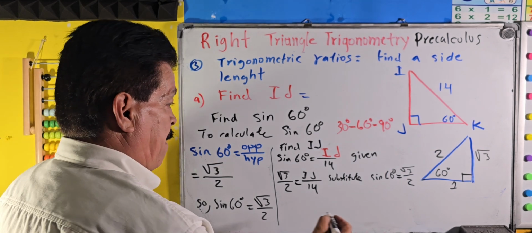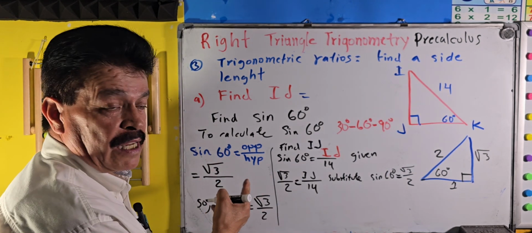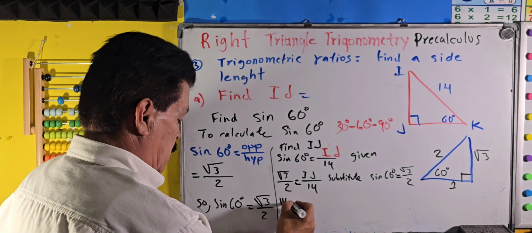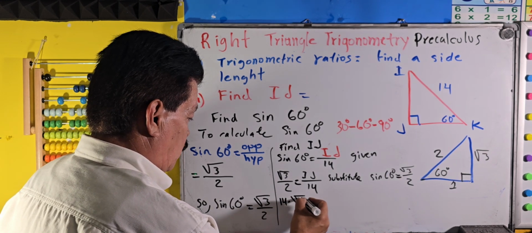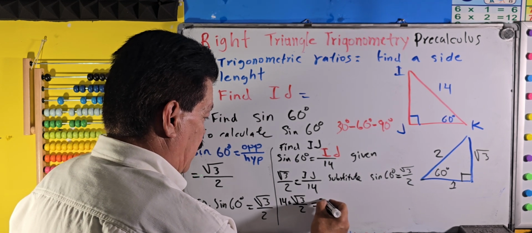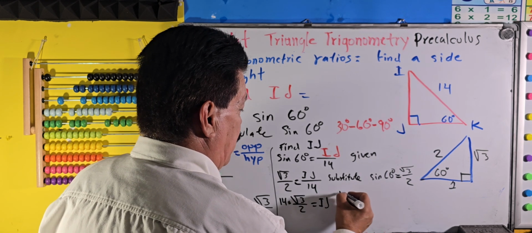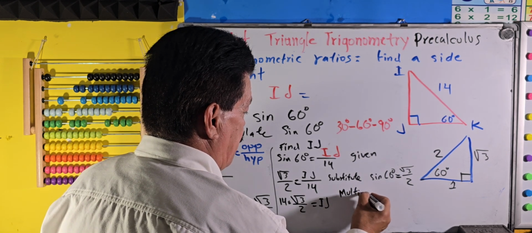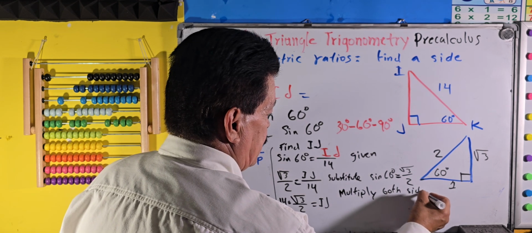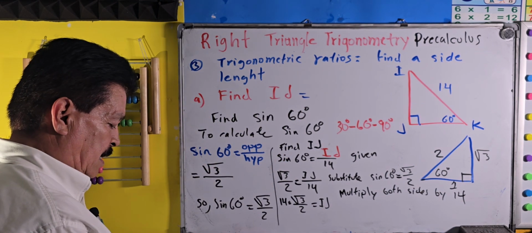So now we have 14 here. We need to move it to the other side. This is division, so we multiply. So 14 times square root 3 divided by 2 equals IJ. So here, multiply both sides by 14. This is the step.